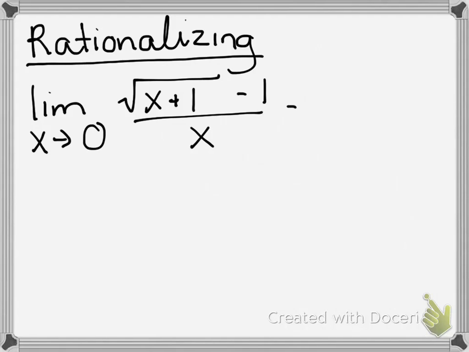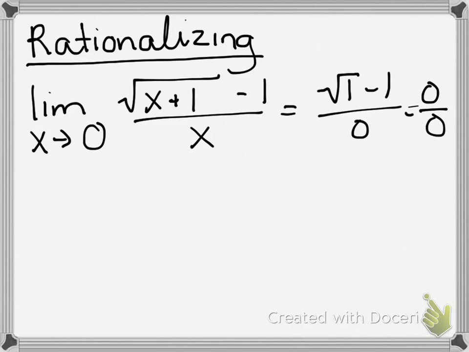Well, if you just try to solve this algebraically and plug in 0, you would get the square root of 1 minus 1 over 0. Well, 0 divided by 0 causes an error, so that means there's something else you can do. What you need to do is to rationalize it. You guys have done this in the past. So what we want to do is get rid of the square root.